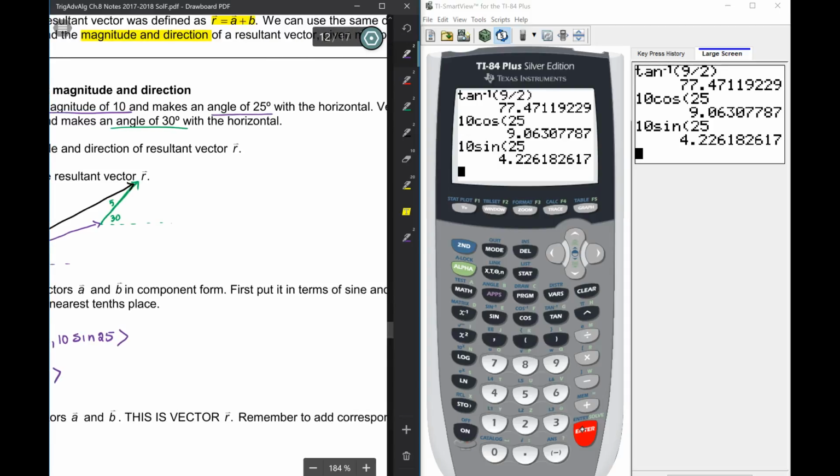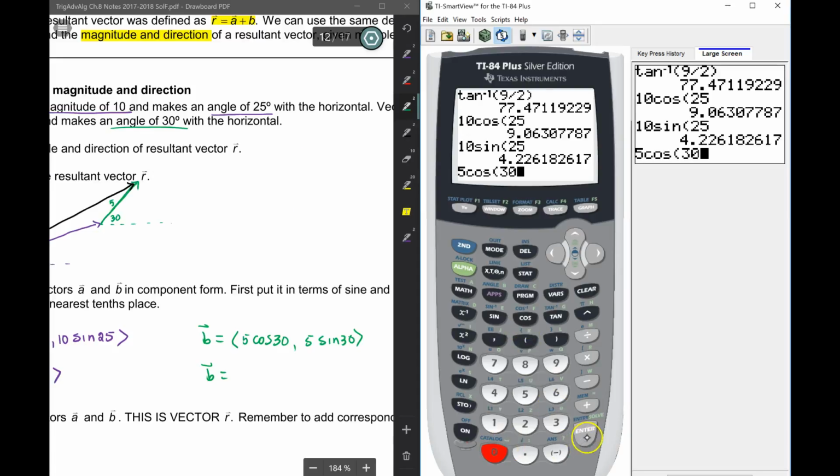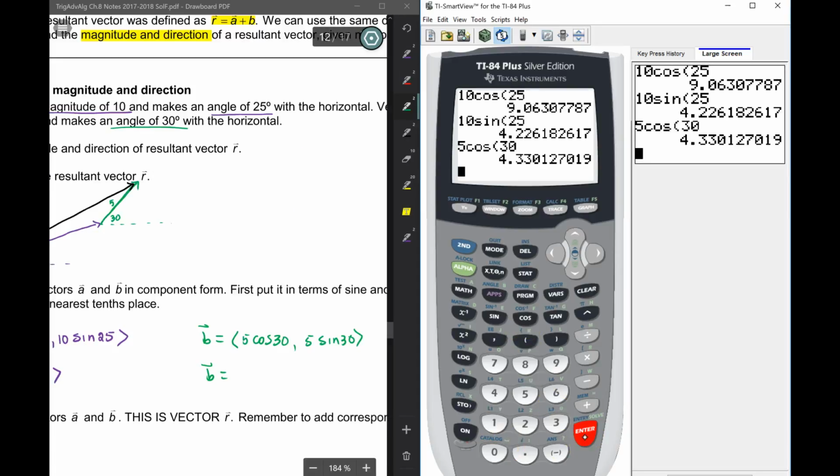Okay, B, we're going to do the same thing. This time it's what times what? What's the magnitude? 5 cosine 30 and 5 sine 30. So 5 cosine 30 is 4.3.